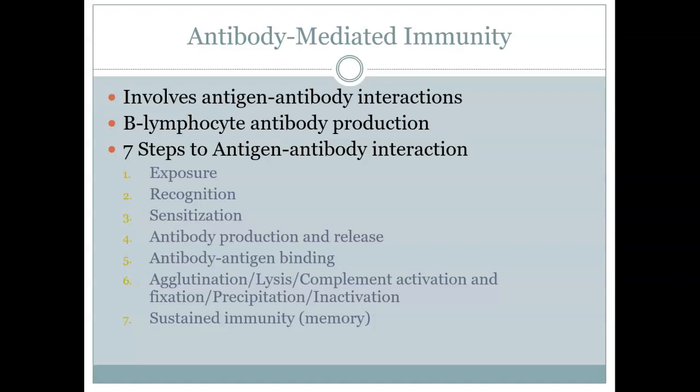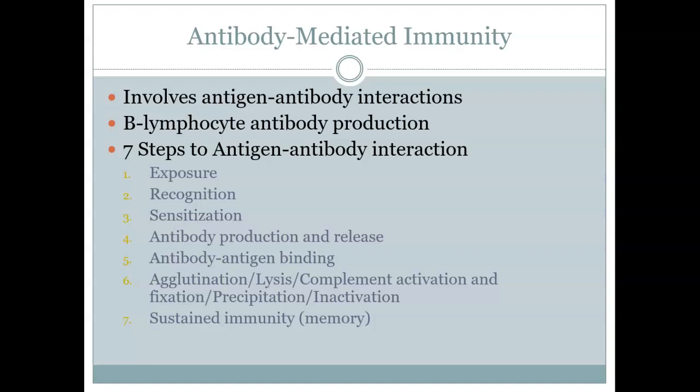The macrophages physically attach themselves to the antigen and expose that antigen's recognition sites. Then the lymphocytes go through lymphocyte sensitization, where the B cell recognizes the antigen as non-self and is sensitized. When it becomes sensitized, it will recognize that antigen in the future.